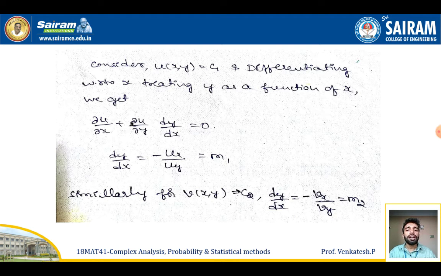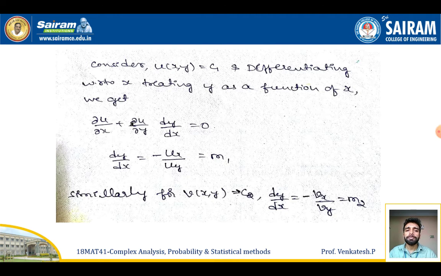After shifting the remaining terms to the RHS except the slope, I keep dy by dx here and shift vx and vy to the RHS. I get minus vx by vy, and I take this one as m2. So I got two slopes here: dy by dx as m1, and dy by dx as m2 for the other family of curves.